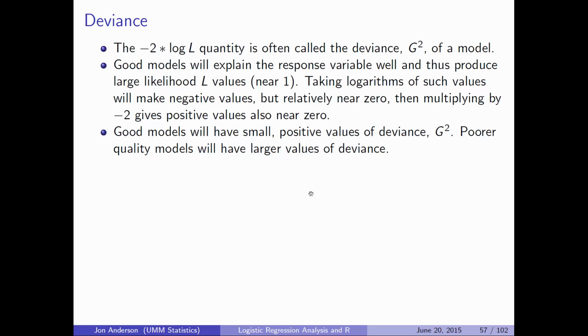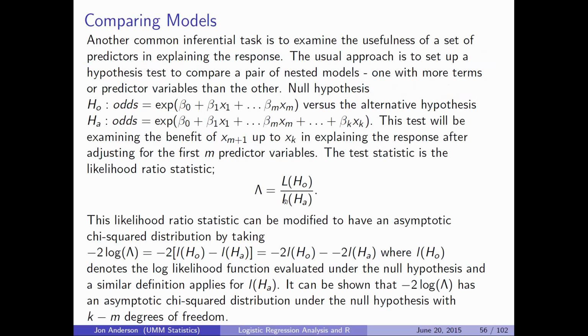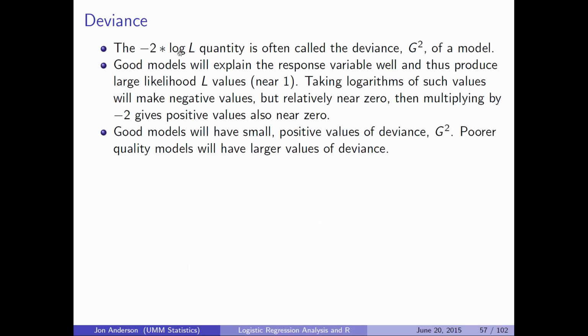This statistic involves -2 times the log of a likelihood function, and a -2 times the log of a likelihood function is called a deviance, and deviance has symbolism of G squared.